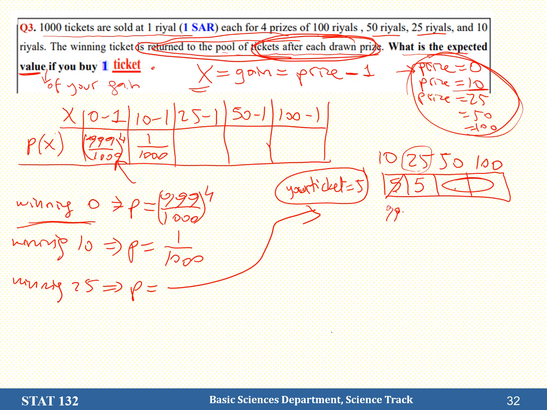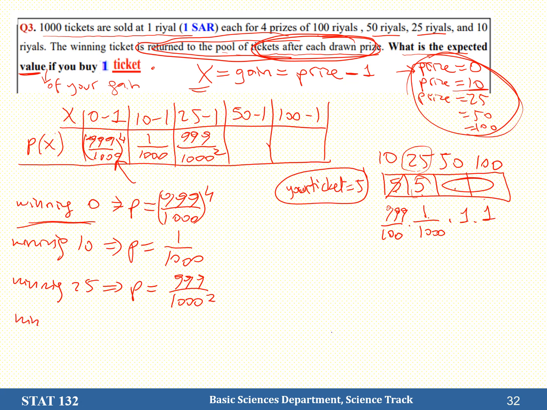It's 999 over 1000, times the probability of getting 5 here, which is just 1 over 1000. What happens here guarantees our win, and the rest are not important as long as this happens. So the probability of winning 25 is 999 over 1000 squared.